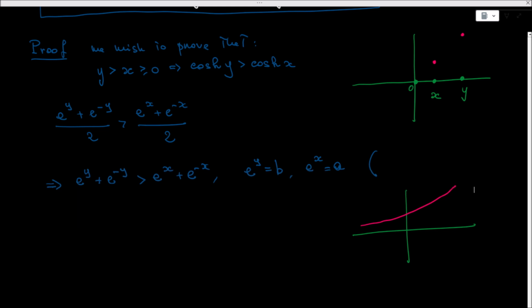Now, if we have that x is here and y is here, and we know that y is to the right of x, we certainly know that this is e to the x, this is e to the y, and they both are larger than 1.